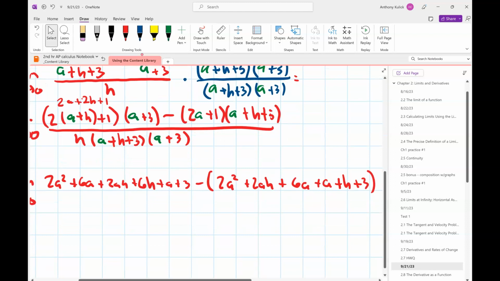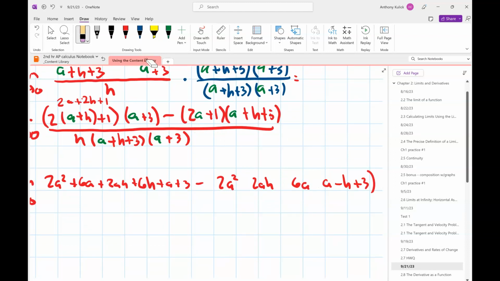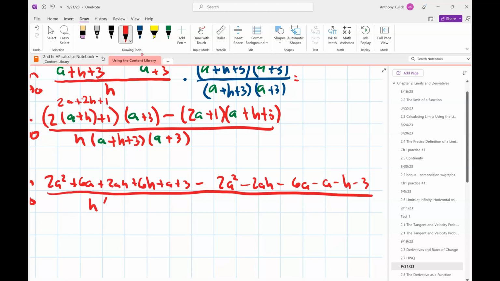And then that negative sign I'm going to just push through now rather than rewriting it again. And that's all over h times a plus h plus 3 times a plus 3.